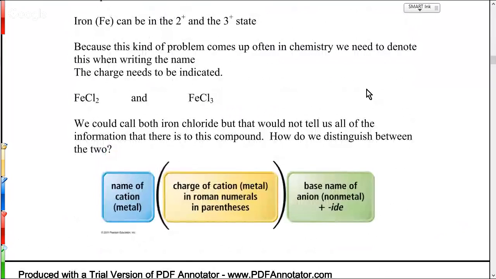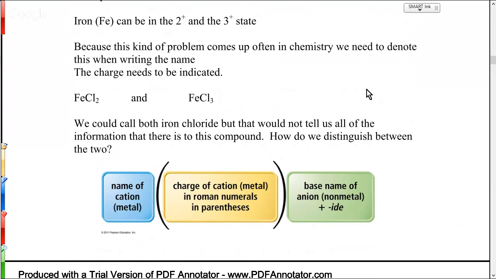We take this same naming system that we just talked about, and we add one piece to it, which is we specify the charge of the cation in Roman numerals and parentheses. Everybody remember what Roman numerals are? Like 1, 2, 3, and then 4 is IV. Okay, good. That's the only difference here.